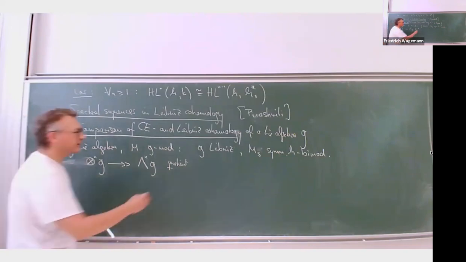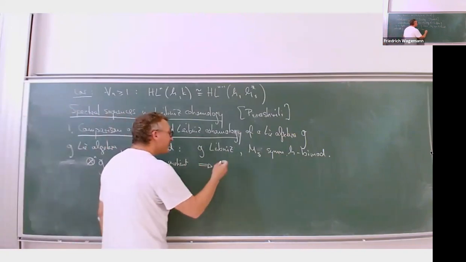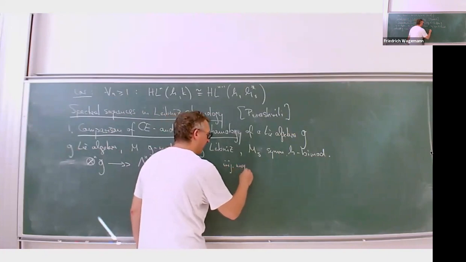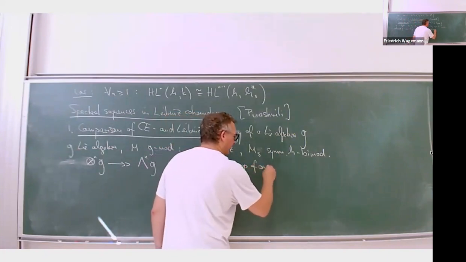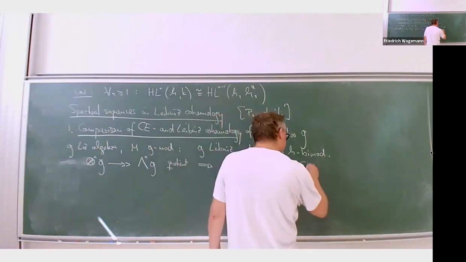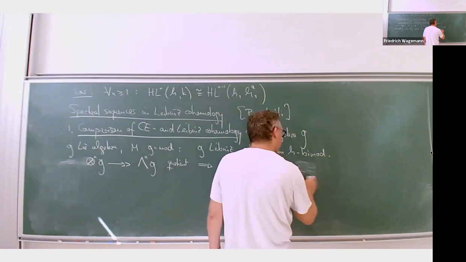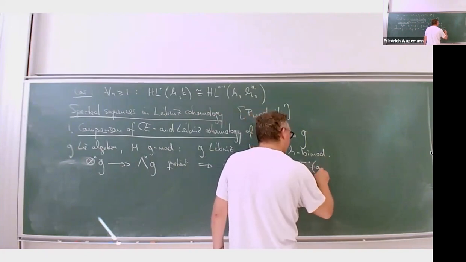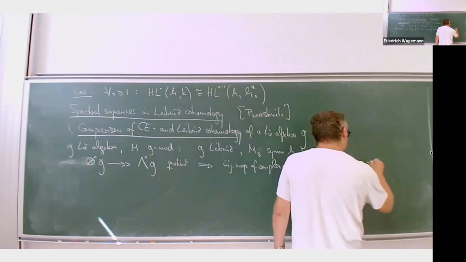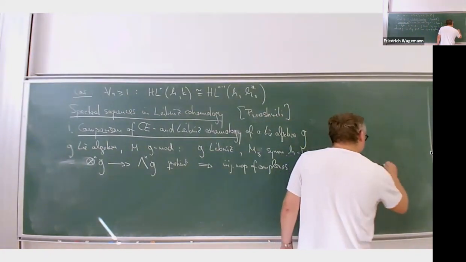And so it induces an injective map of complexes from the Chevalley-Eilenberg complex of G of M into CL of G of MS.